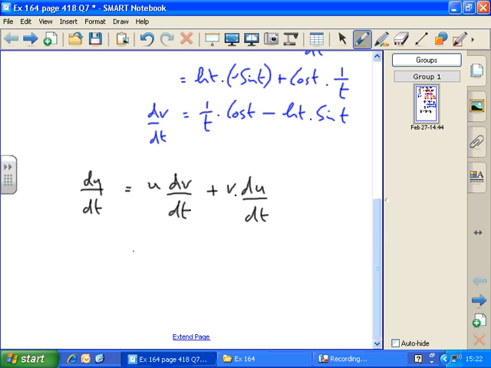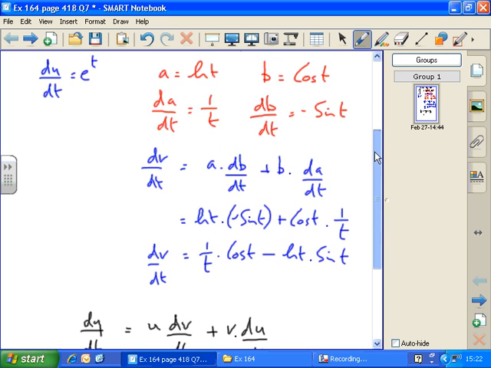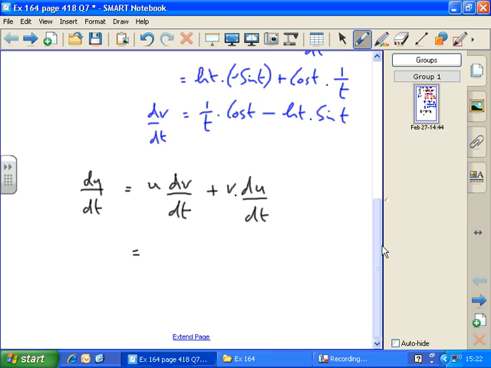So that equals u, looking back up, u equals e to the t, times dv by dt, which is this whole term here. So I'll put all this in brackets: 1 over t cos t minus log t times sine t.